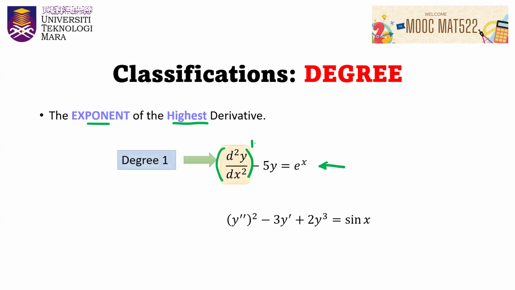Therefore, this differential equation has degree 1. It should be easily recognized that in the second example here, y double prime is the highest derivative and it has exponent 2. Therefore, this equation has degree 2.